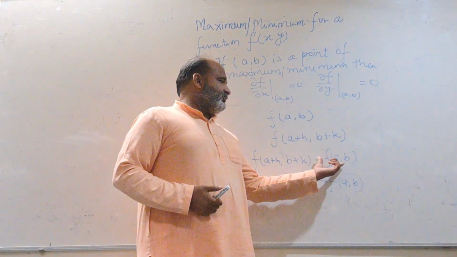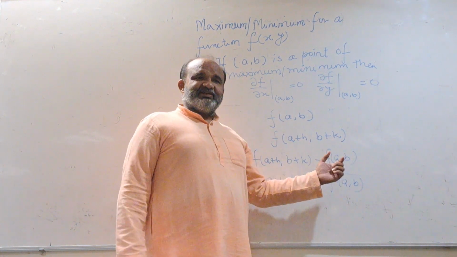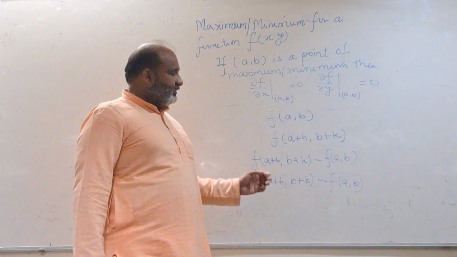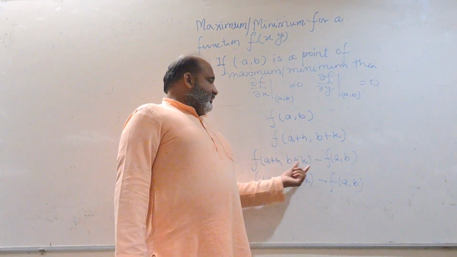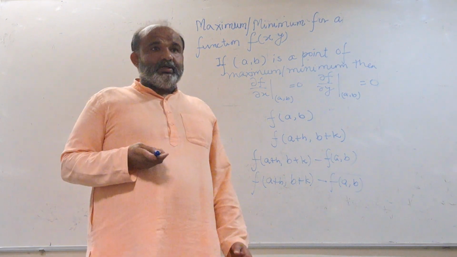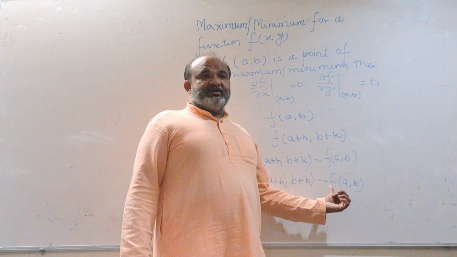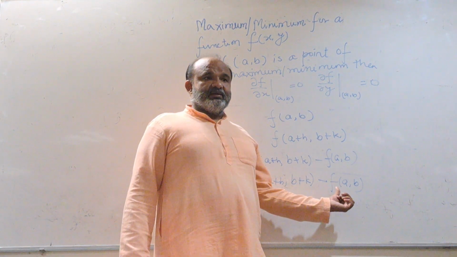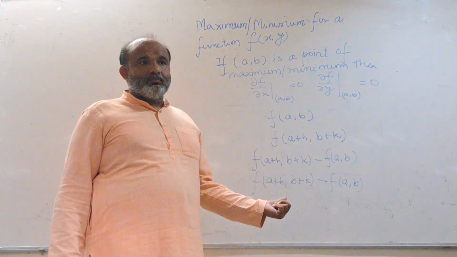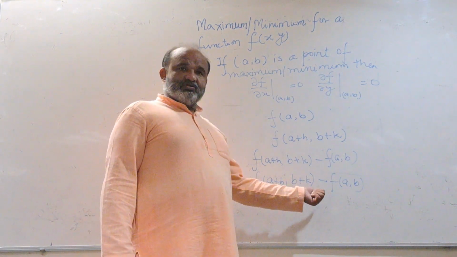If this difference is always positive for the existing values of h and k, then f(a, b) will be a point of minimum. If the difference is negative, then it is a case of maximum.